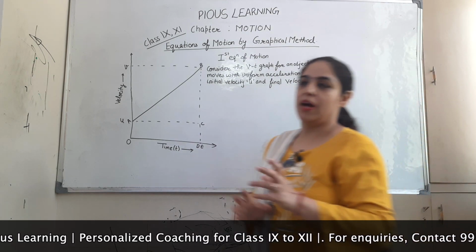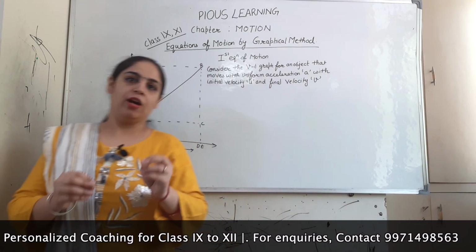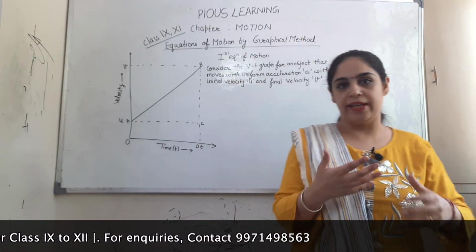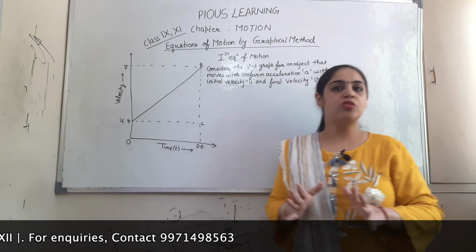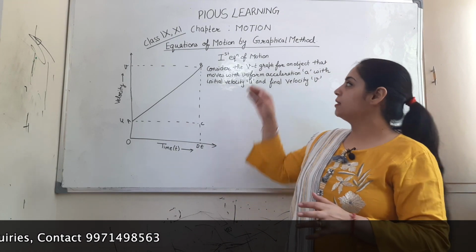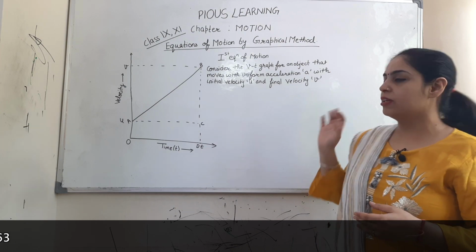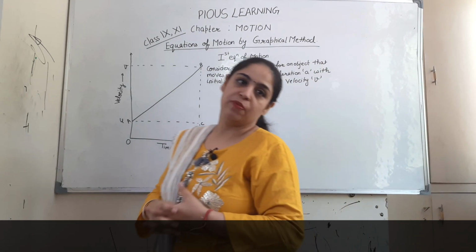I know there are one or two things left out in fundamental unit of life, but I realized while taking the live sessions that most of you are finding the equations of motion and the graphical method of deriving them very difficult.